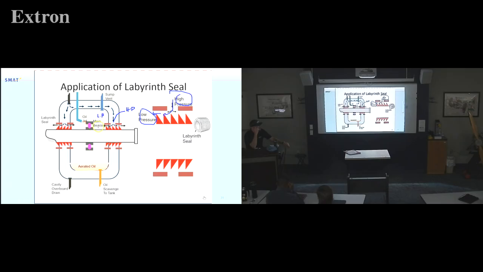So the mist of oil won't be able to go this direction. Okay? It won't be able to seep out past the seal. So the compartment is oil tight. Okay? Now it's not airtight because air has to pass over it, but it is oil tight.